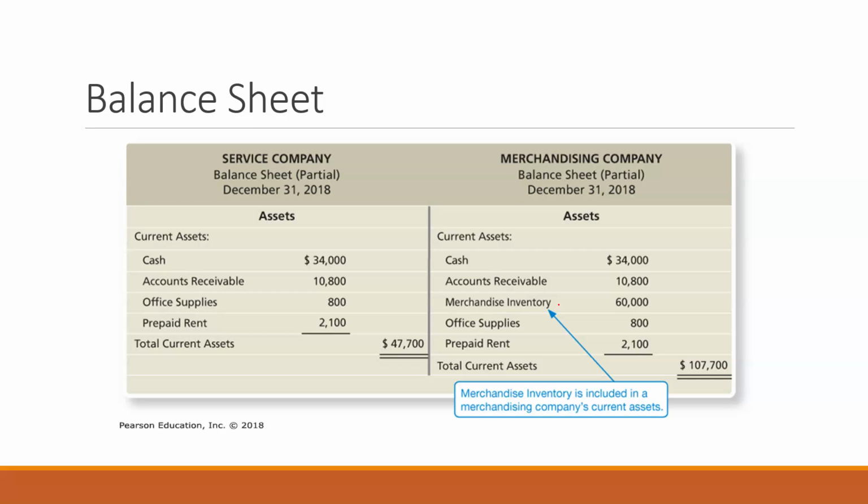And what that means is how fast they can turn into cash. So assets are listed in how fast they can become cash. Cash is already cash. Accounts receivable is expected to be cash, and inventory is hopefully going to be turned into cash when you sell that for revenue. Okay, so that's why those are listed before other accounts.